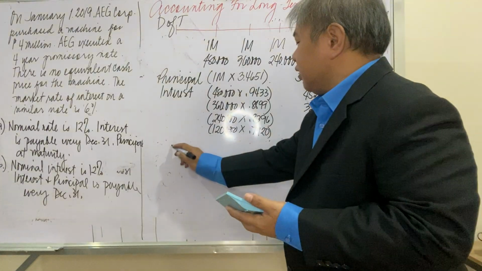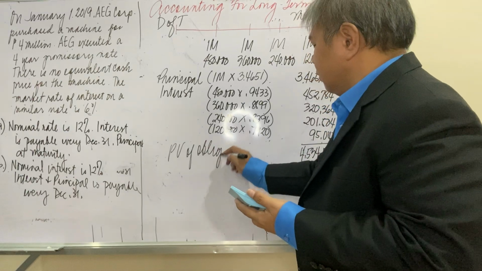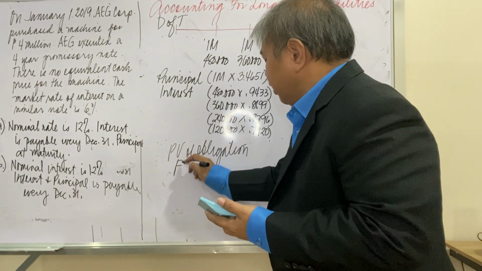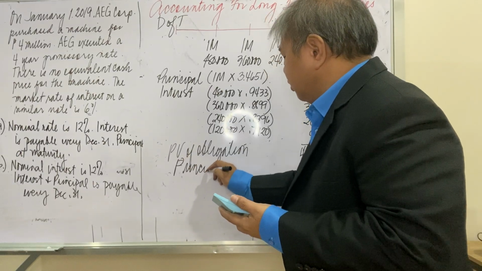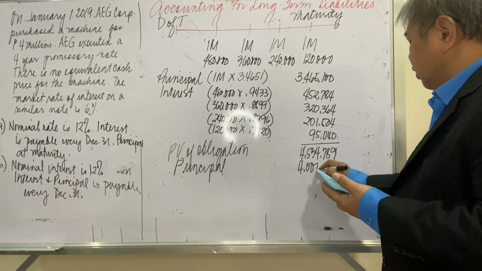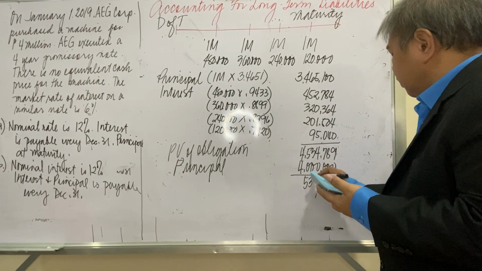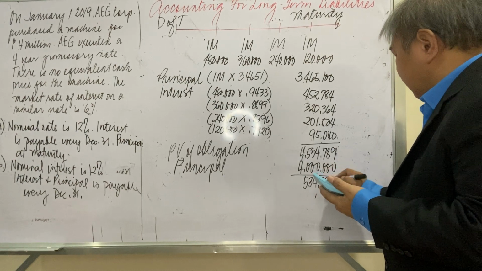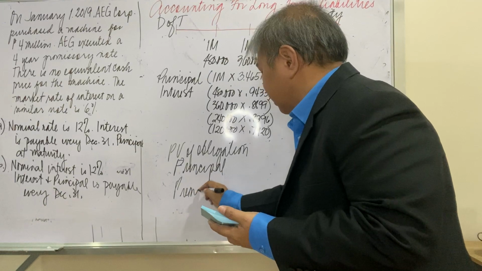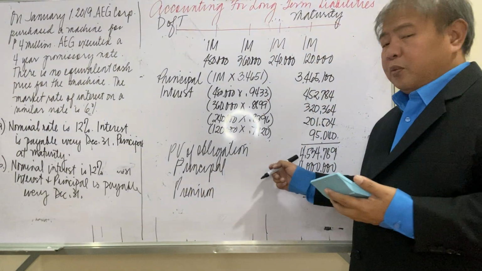So this is now the present value of the obligation. Comparing that with the principal of the obligation, which is 4 million pesos, there's a difference of 534,789. And again, we call this premium since the present value is more than the principal.